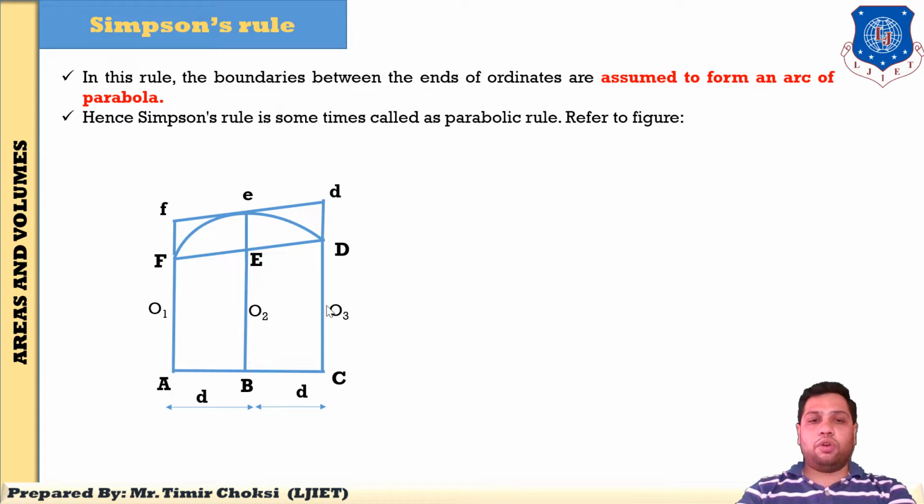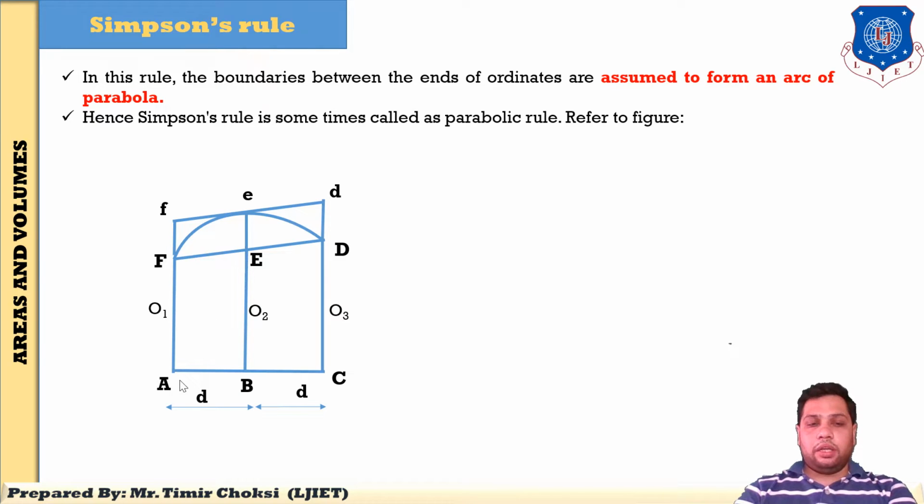So here O1, O2 and O3, and the parabola joins between O1 and O3. So one limitation is that Simpson's rule is only used for odd ordinates. I have explained in the next slide in detail how I derived this equation for finding the boundary area depending upon the Simpson rule.